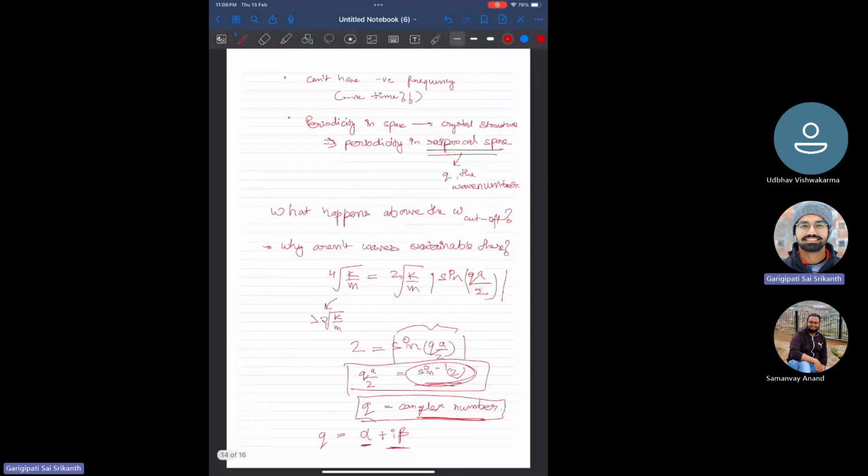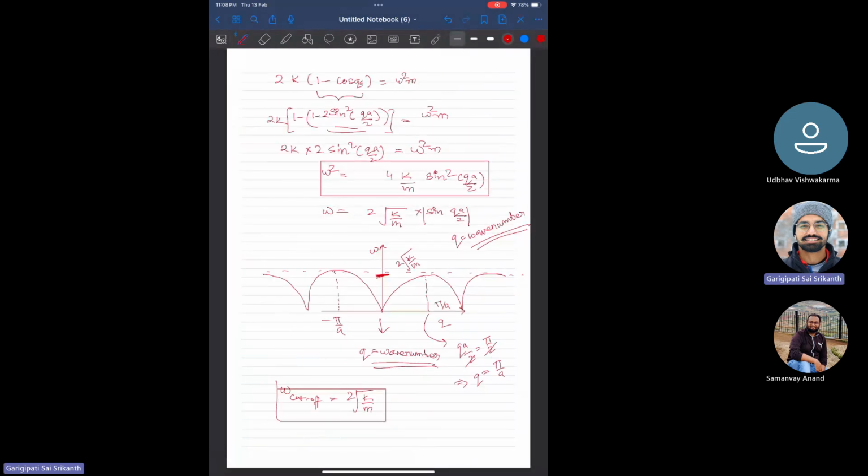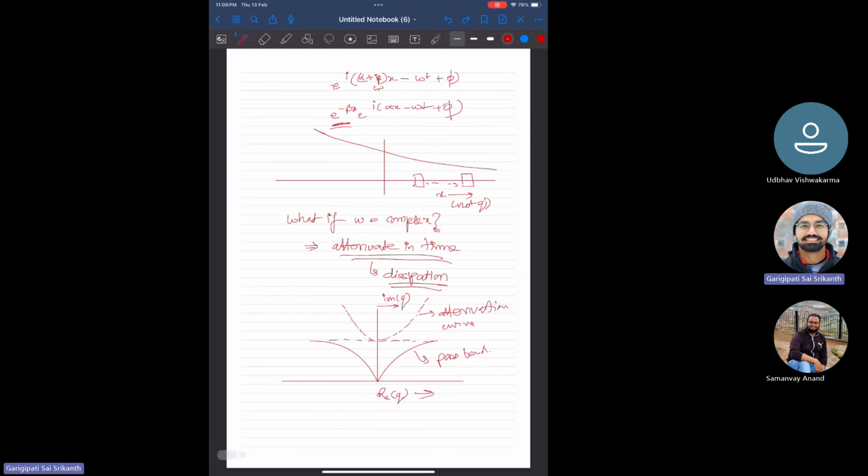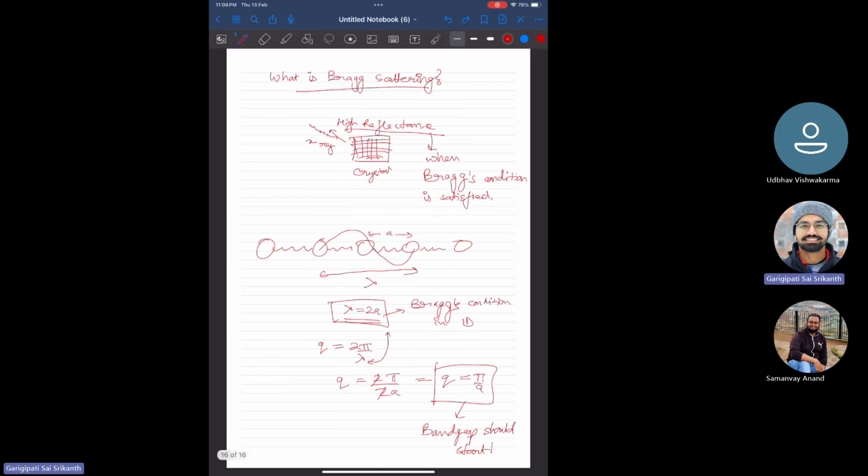So do we observe something like that? That is exactly what we observe: at q equal to multiples of pi by a, the band gap starts from here onwards. So there is a certain periodicity associated with crystals, and that periodicity causes Bragg scattering to take place.